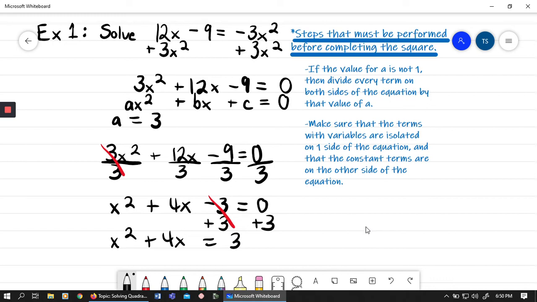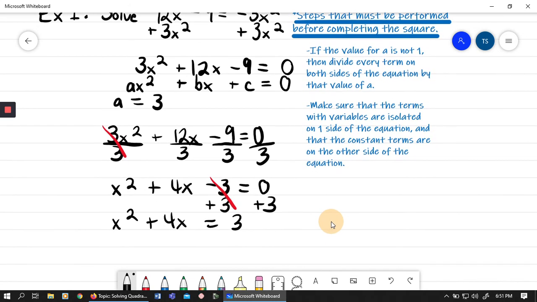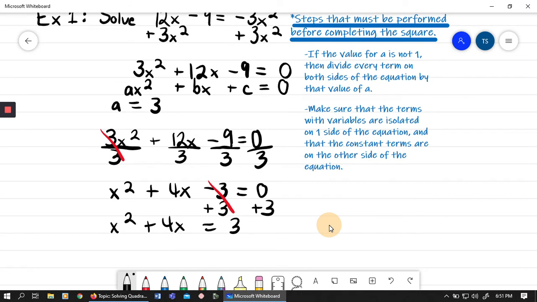So now that our equation is arranged in this correct way, where the a value is 1, and where the terms with variables are on one side of the equation isolated, and the constants are on the other side, now we can start the process of completing the square.